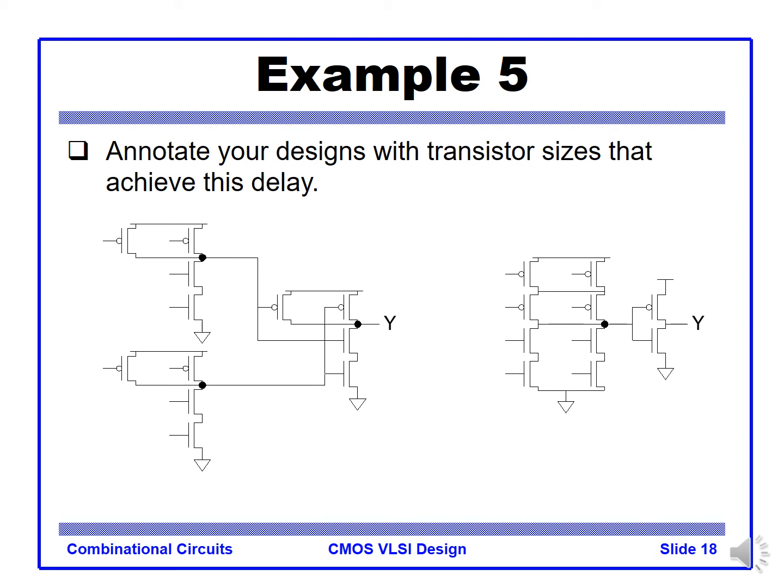So once we found the F hat, the optimum stage effort, for the NAND gate implementation, F hat is 4.2, right? And for the compound gate implementation, 4.5, right? So using this number, we can determine the gate size.